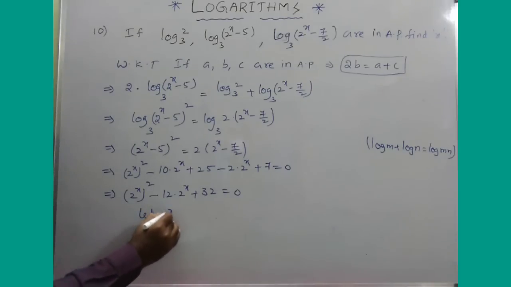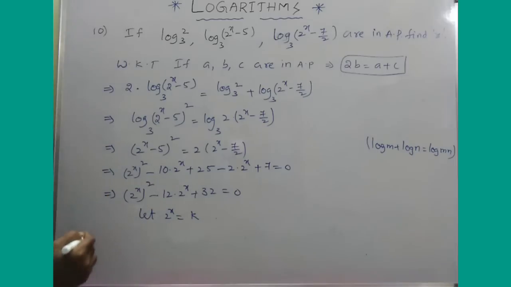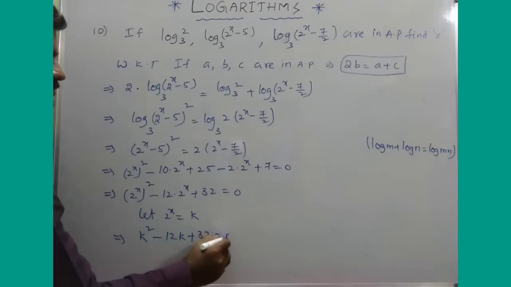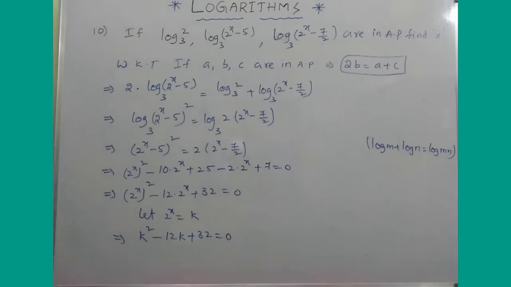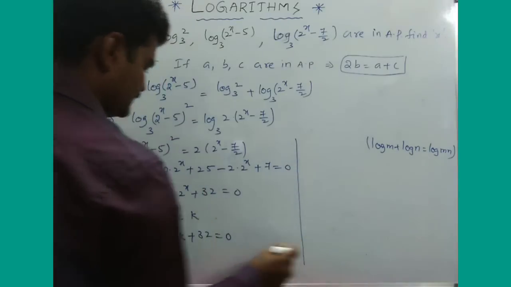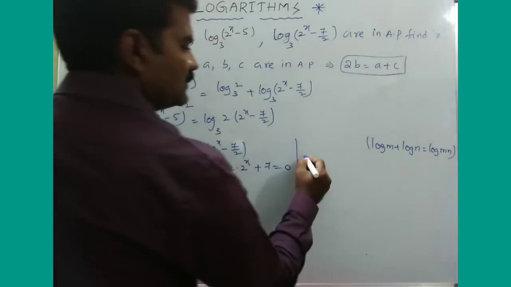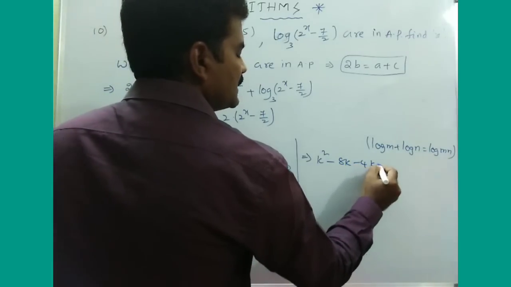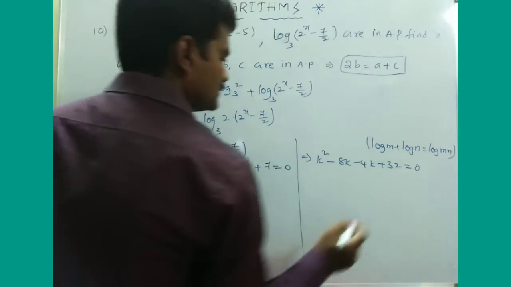Let us assume that 2 power x is some k. Then the above equation is k square minus 12k plus 32 equals 0. Hence this can be written as k square minus 8k minus 4k plus 32 equals 0, right?